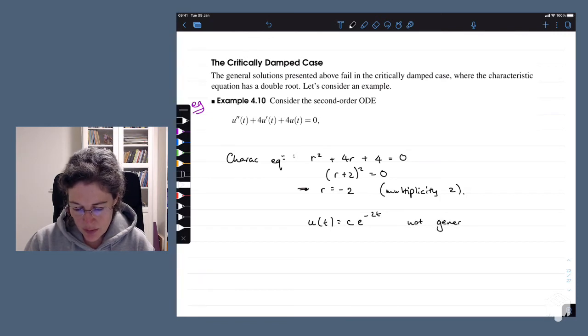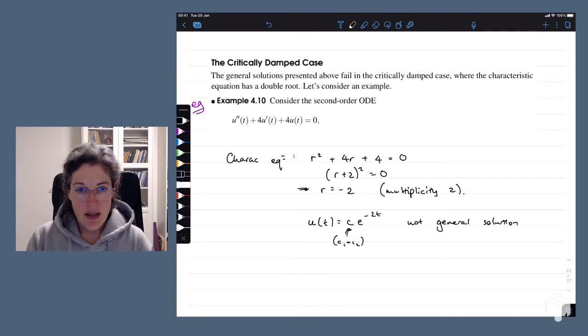This is not a general solution, because technically what this c is over here is a c1 plus c2. So we need to find some other specific solution that we can use to form our general solution.